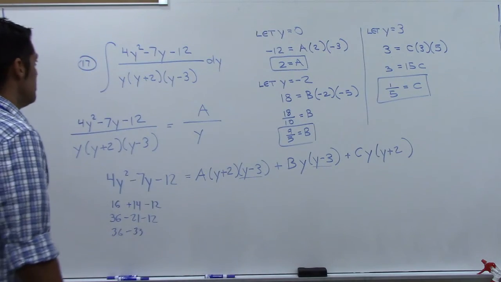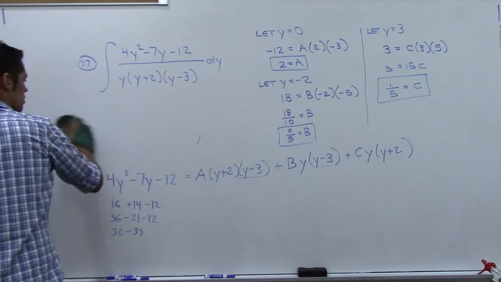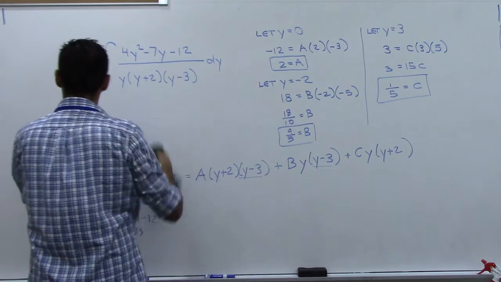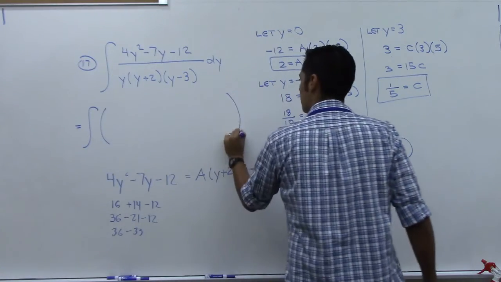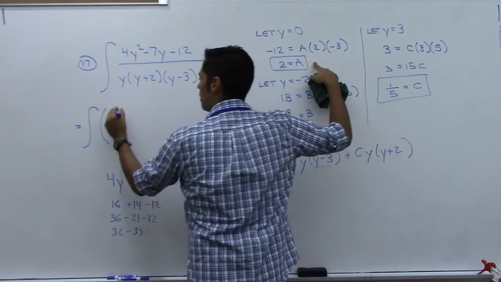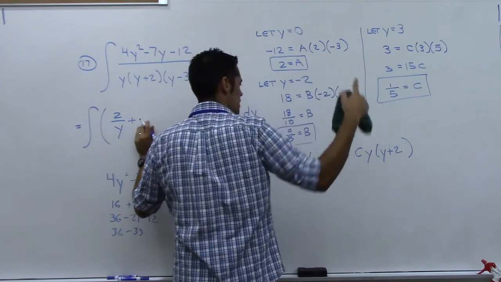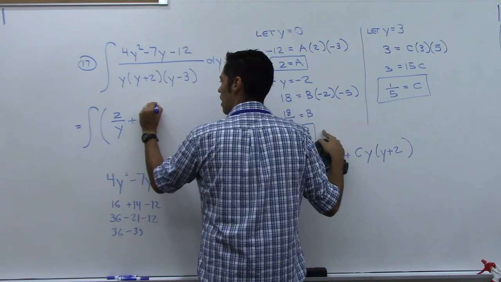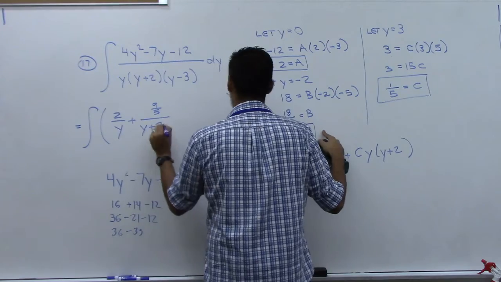We should be able to rewrite the entire integrand. Okay, so this integral will become this big thing. A over our first linear factor, which was y, plus B, B was 9/5. Now watch the way I write this. 9/5, that's B over my second distinct linear factor.